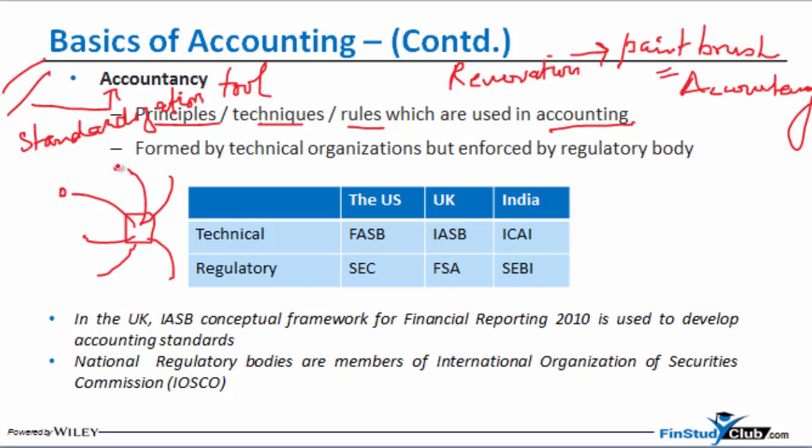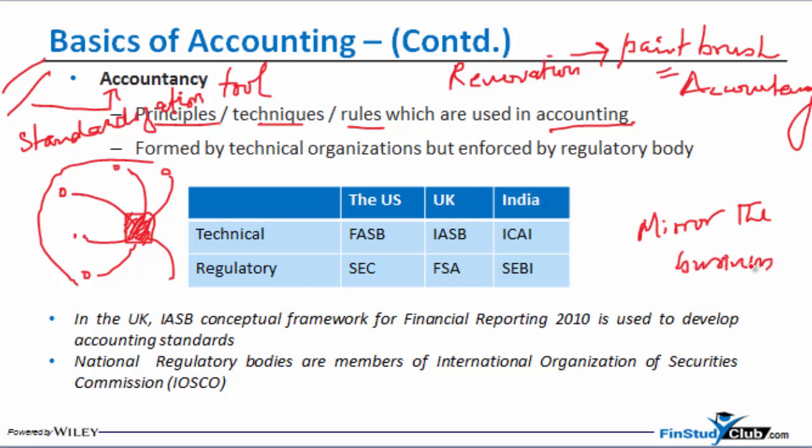So if these books go to a particular investor, looking at these different books, the investor will draw the conclusion that the business situation on the ground is different for each one, whereas as a matter of fact that is not true. So therefore, your accounts basically have to mirror the business reality.